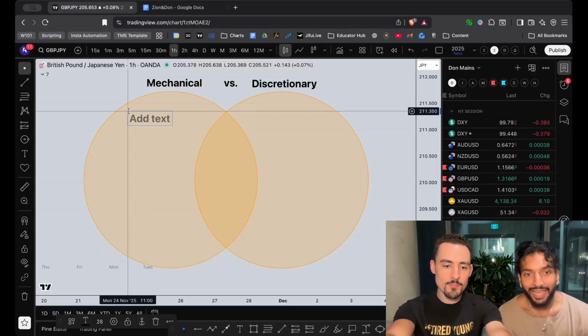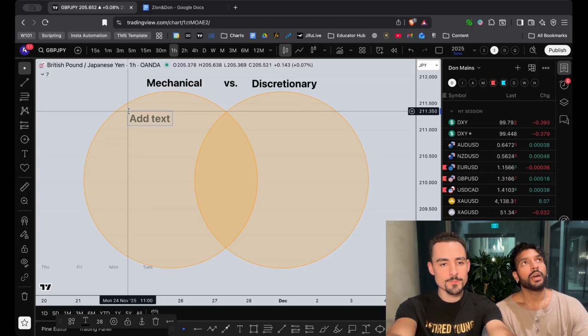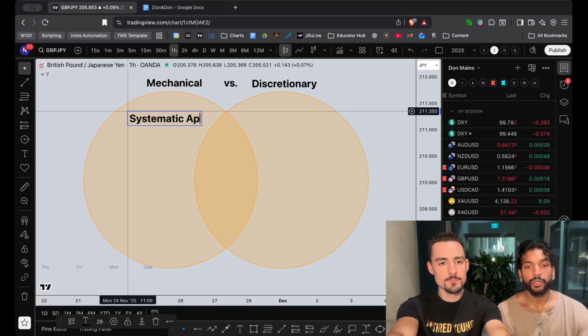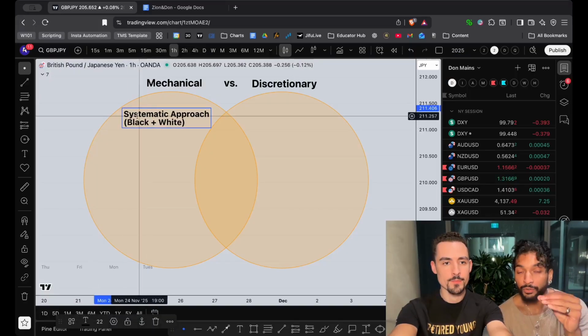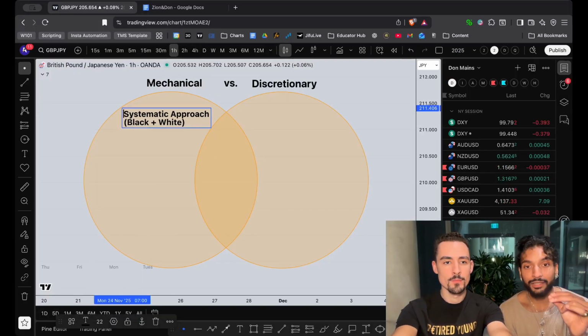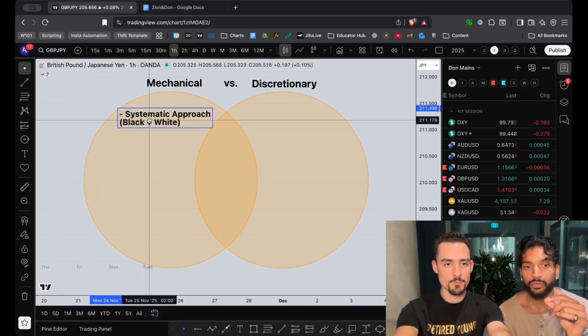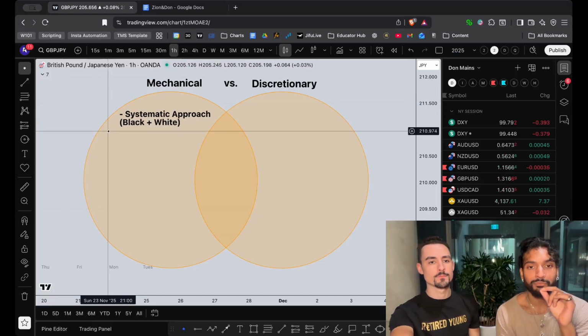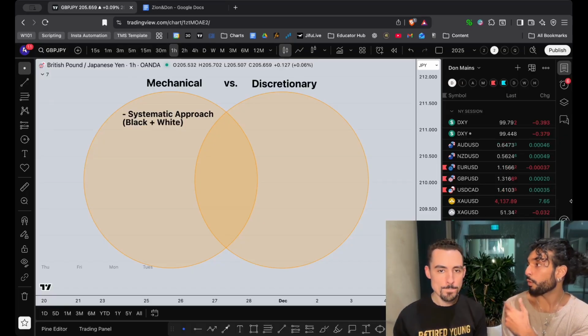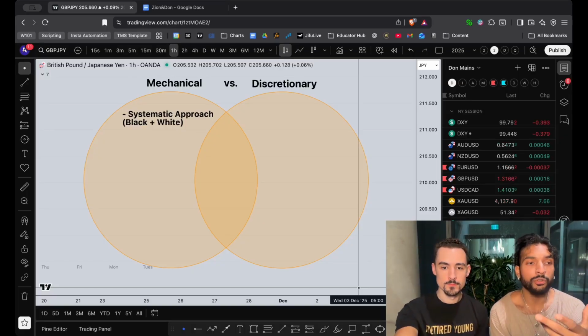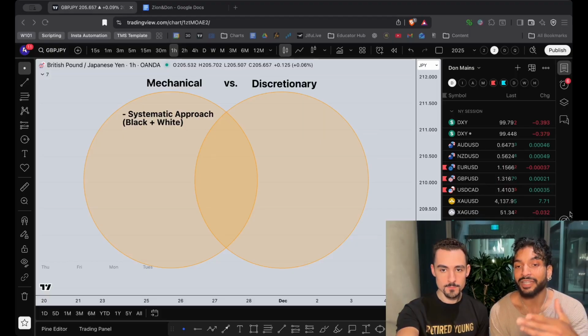So mechanical trading, how you would define this is a systematic, black and white approach to the markets. The best way to describe these styles is by example. An example would be executing at the end of a 5 minute candle close. That is a black and white mechanical approach, because you or me, we cannot argue with when the 5 minute candle is going to close.